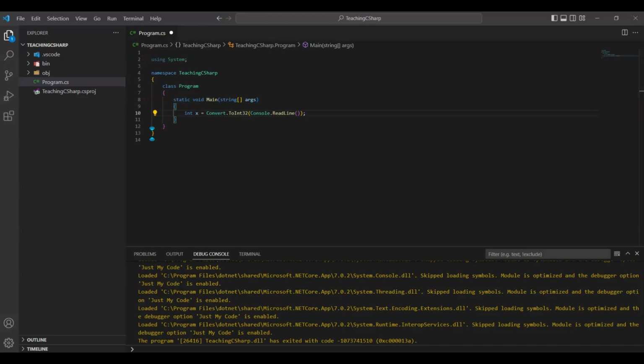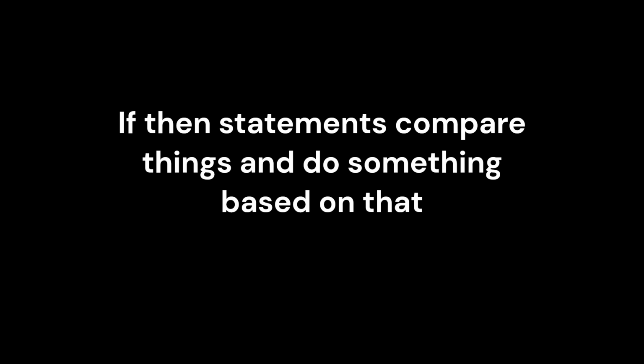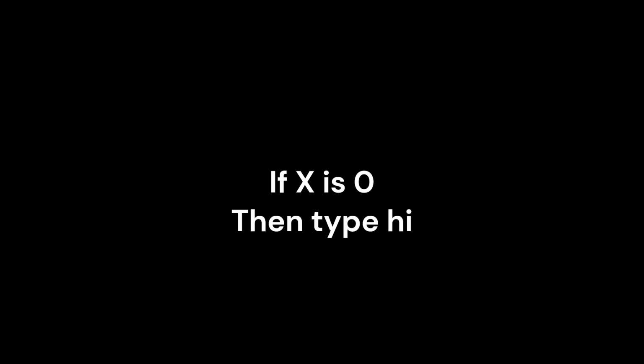Now, you have some of the basics, but you can't use these by themselves, at least not in the best way. The final thing I will be showing you are the conditionals, also known as if-then statements. If-then statements compare different things and do something according to that. For example, if x equals 0, then write hi.